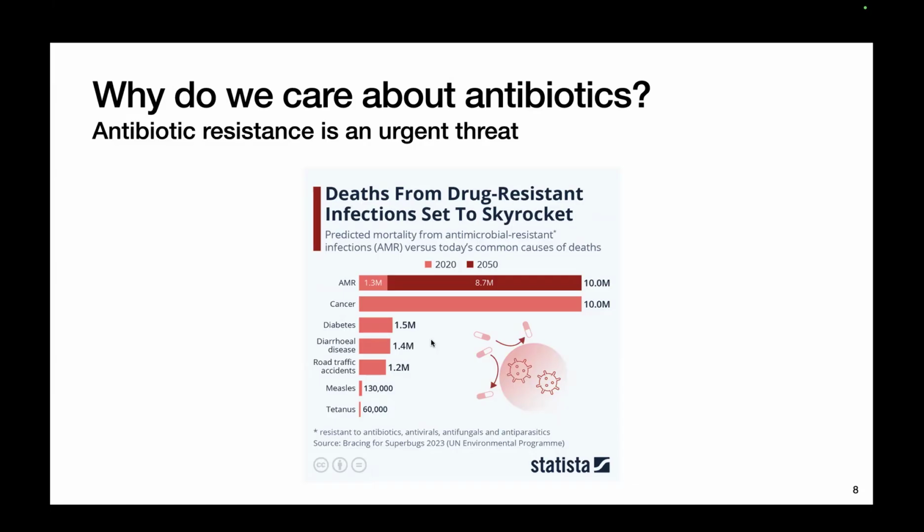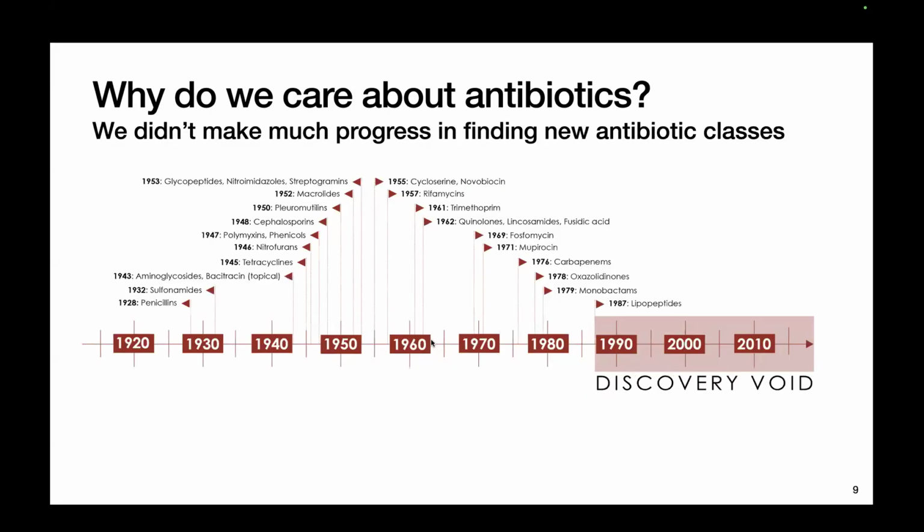The WHO has predicted that by the year 2050, it will actually be the biggest cause of death among all the diseases, matching cancer. And what's worse is we haven't been making good progress in finding new antibiotic classes.